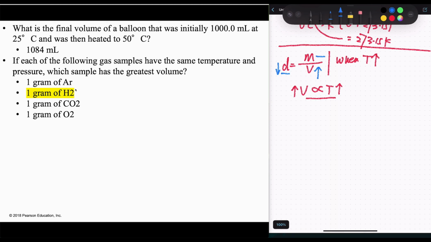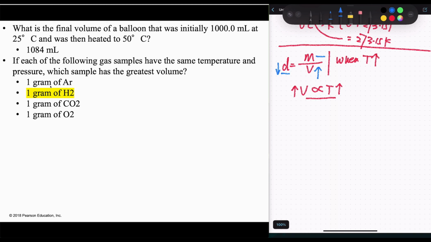For this question, we first need to understand how we calculate the amount of the gas, because the mass of the gas has been provided, but in chemistry we don't want to use the mass.